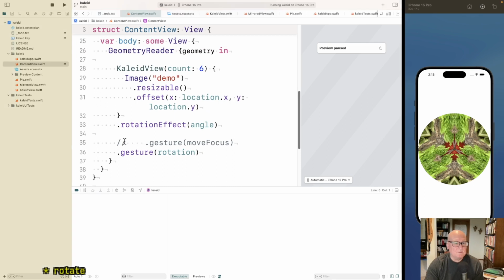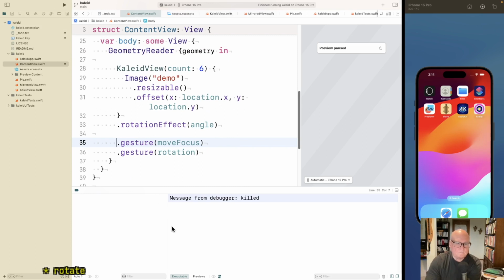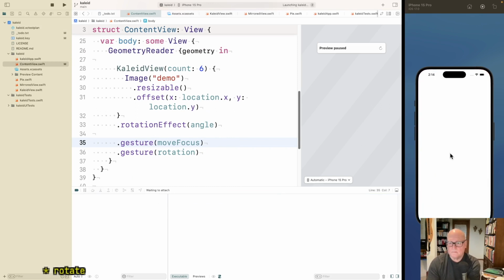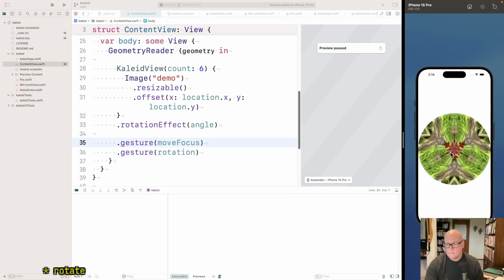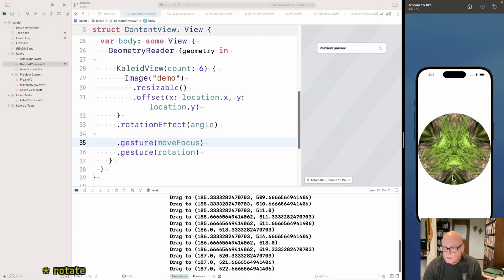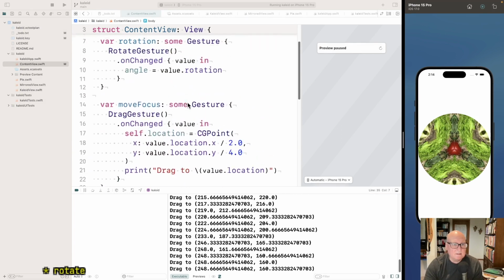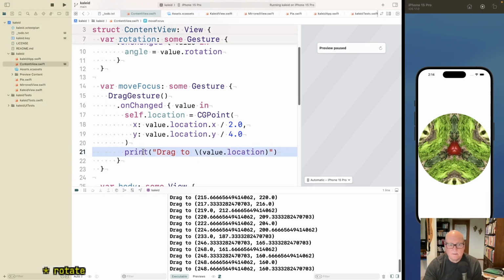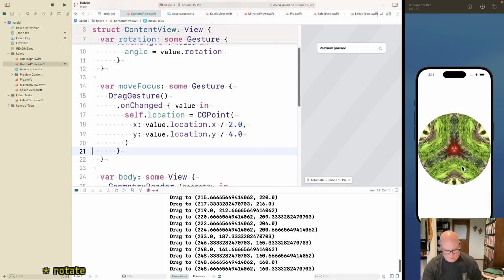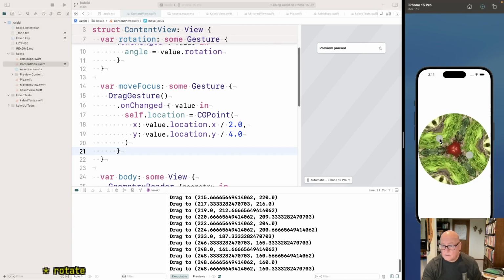Rotate, adjust your move focus. Okay, so that does that thing. Take this print down. And this does the rotate.